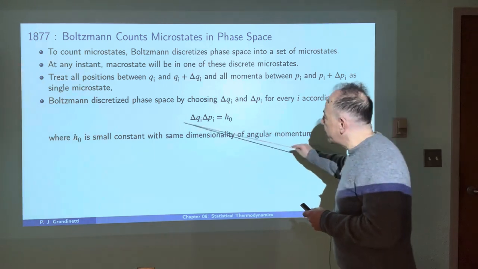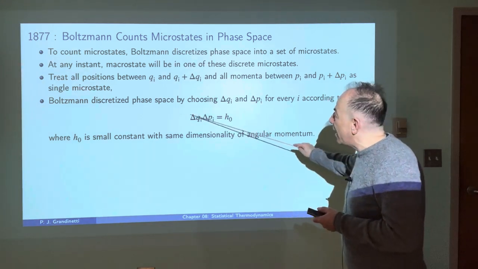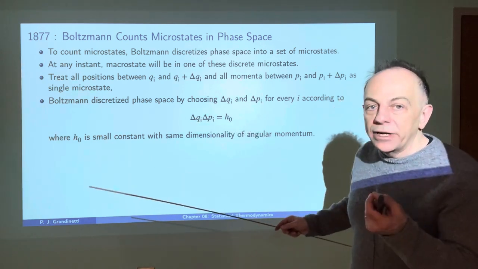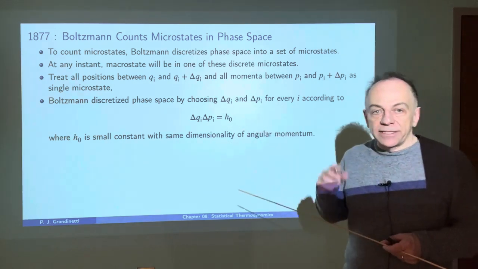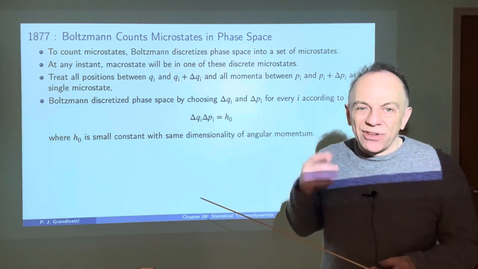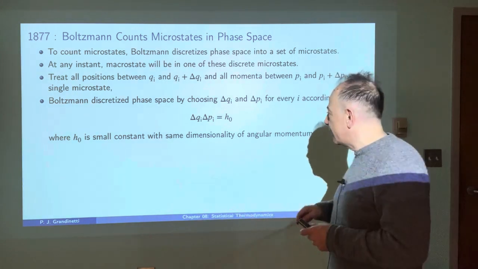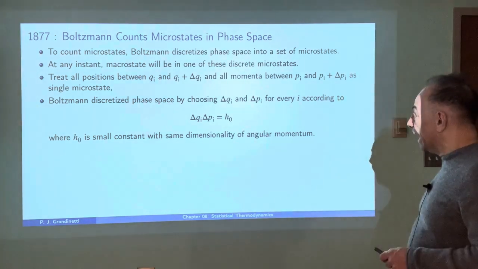For each set, this is what Boltzmann does: he defines the product of delta Q delta P for a given coordinate pair as equal to some constant. This constant defines the degree to which we discretize phase space. This constant has the same dimensionality, by the way, as angular momentum.